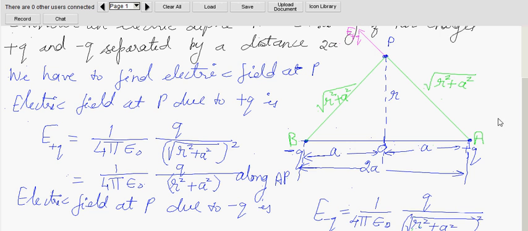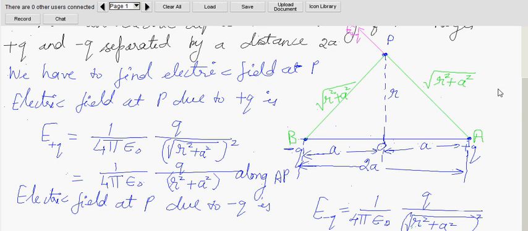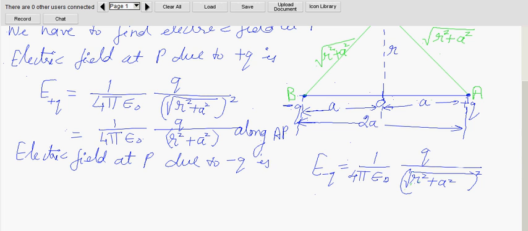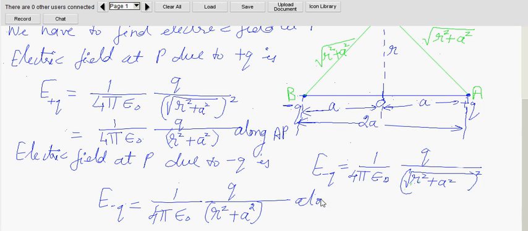The magnitude is the same as E plus q, but only the direction will change. So I can write E minus q as 1 by 4 pi epsilon naught into q divided by r square plus a square, along PB, since it is towards minus q.